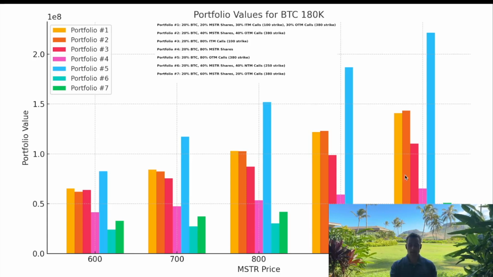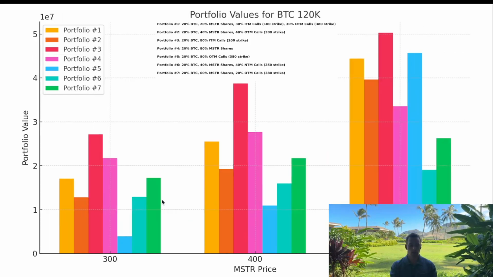That is portfolio number 2, which is the orange portfolio, and you can see how well it's keeping pace with the farther out of the money, or the fully out of the money calls, and you can see how it performs okay at $300 per share, and then really keeps pace and begins to outperform the rest of the options at $500 per share.